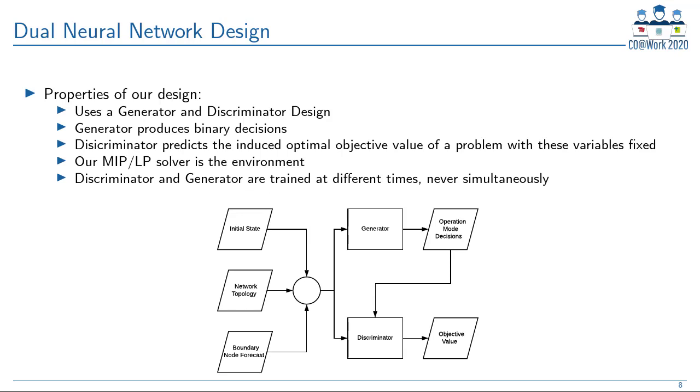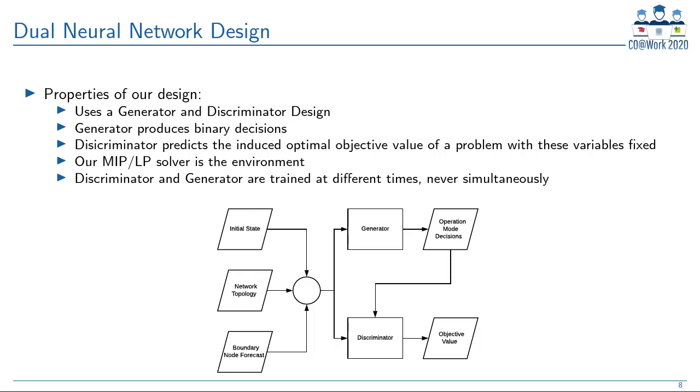So, some properties of our design that may make it easier to understand. We use a generator and discriminator design firstly. Secondly, the generator produces binary decision variables, specifically the values for operation modes. The discriminator predicts the induced optimal objective value of a problem with these variables fixed.